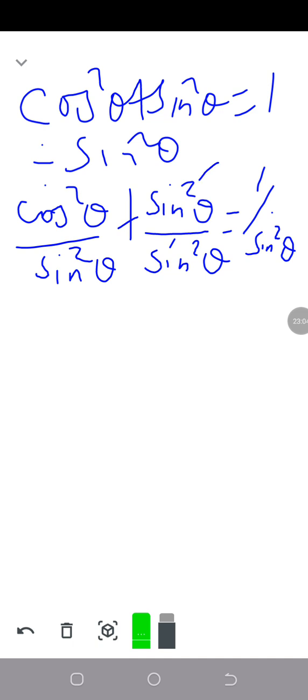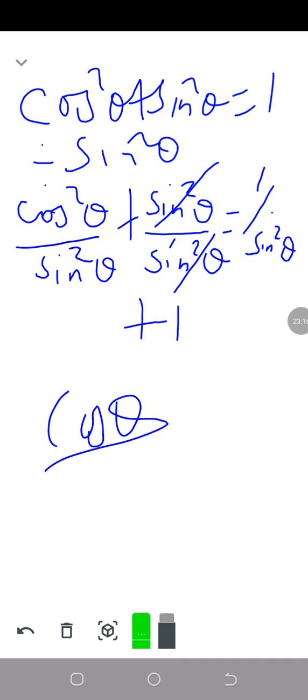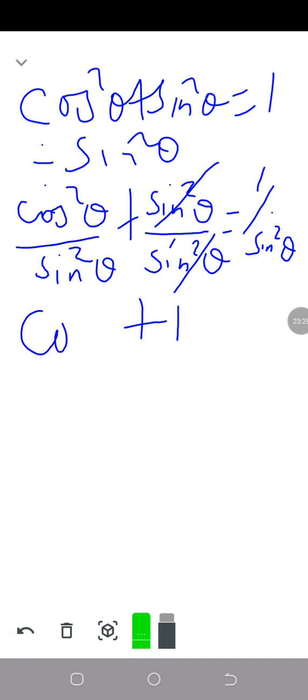Now, sine squared theta over sine squared theta is going to give us 1. But cos squared over sine squared, we say that cos theta over sine theta equals cot. But since these ones are squared, we shall have cot squared theta.